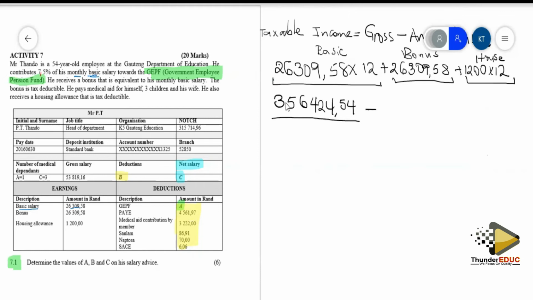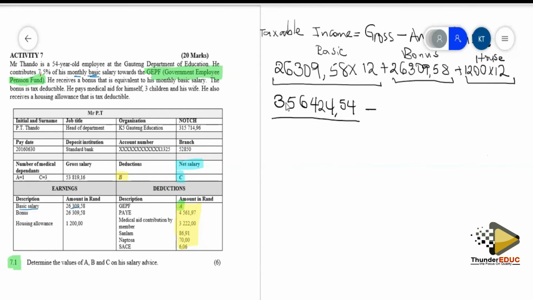Remember, we got the pension from 7.5% of the basic salary, but pension is paid throughout the year. So we shall look for that 7.5%, and having got the value, we multiply it by 12.